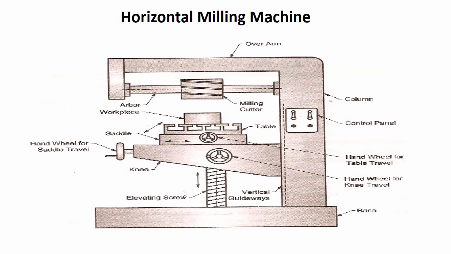Now there is one important mechanism that you should know, the elevating screw, which moves the table vertically up. Here the tool stays in its position. The tool is not going to move from its position, it will only be rotating. So you have to bring the workpiece towards the point of contact with the tool.